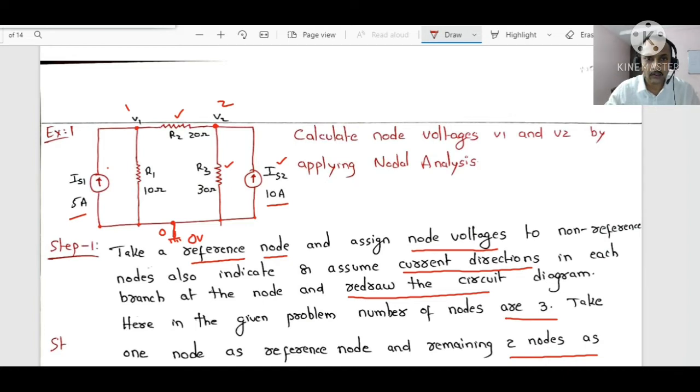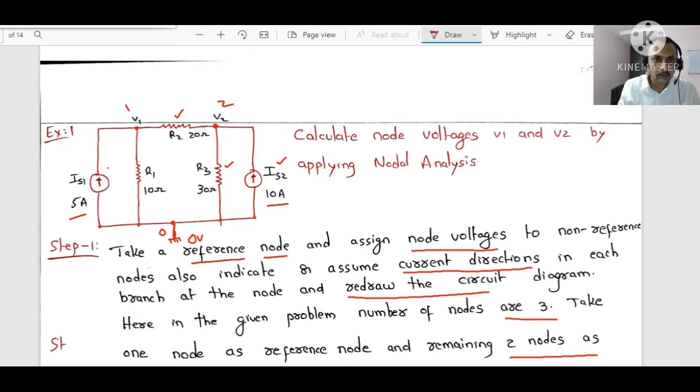For example, if it is given for 8 marks or 16 marks, out of 8, you may easily get sometimes 6 marks if you follow the procedure. Of course, you should get the answer, but don't think that only if you got the answer, full marks will be awarded. No, the evaluator will not look like that.